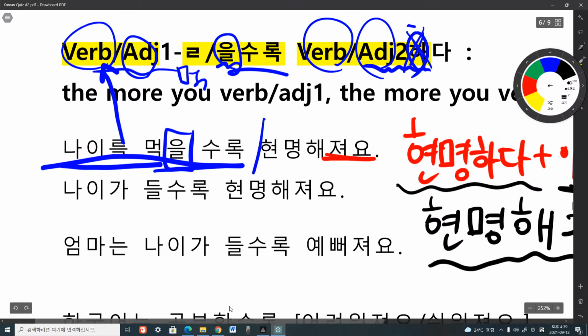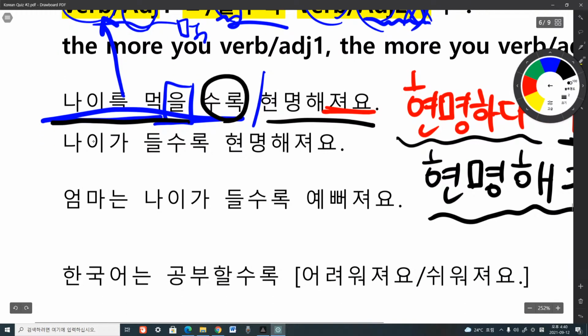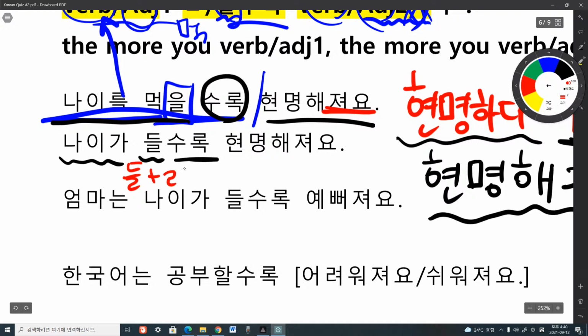So this literally means the more age you eat, the more you age, the wiser you get. And you can also say 나이가 들수록. This 들다 verb we learned is an irregular verb, so you don't have to say 들을, you can say 들수록 현명해져요.